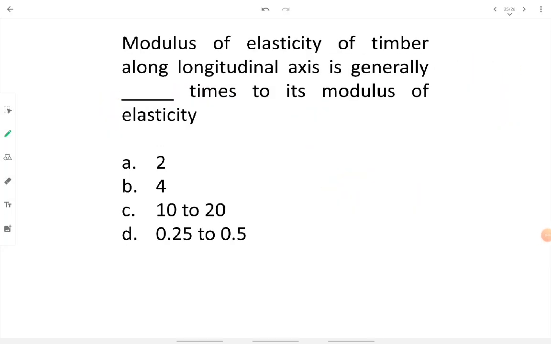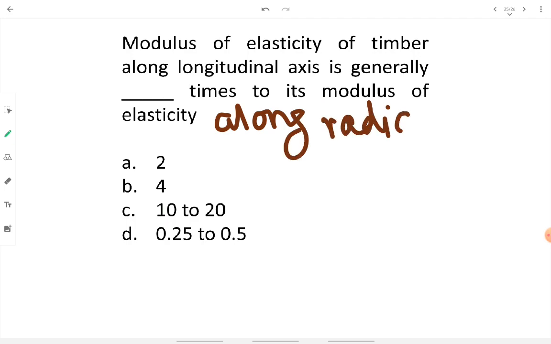The modulus of elasticity of timber along the longitudinal axis is generally fill in the blank times its modulus of elasticity along the radial or tangential direction. Sorry, I forgot to put this word in. Means we are comparing modulus of elasticity along the longitudinal direction with that along the radial or tangential direction.